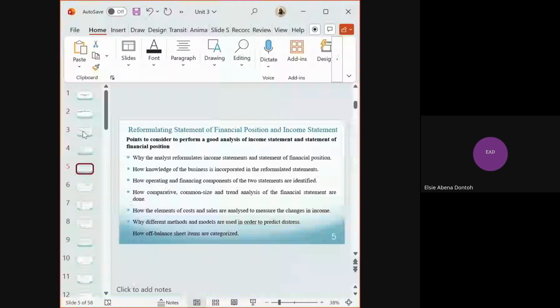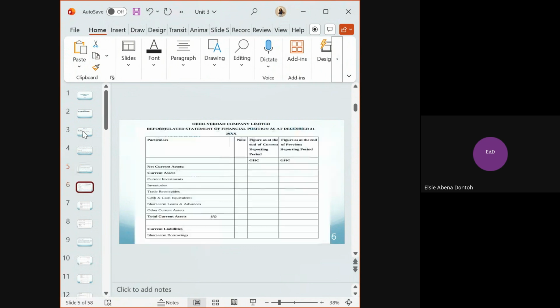The fourth is how operating and financial components of the two statements are identified, how comparative, common size and trend analysis of the financial statements are done, how the elements of cost and sales are analyzed to measure the changes in income, why different methods and models are used in order to predict distress, and then how off balance sheet items are categorized.